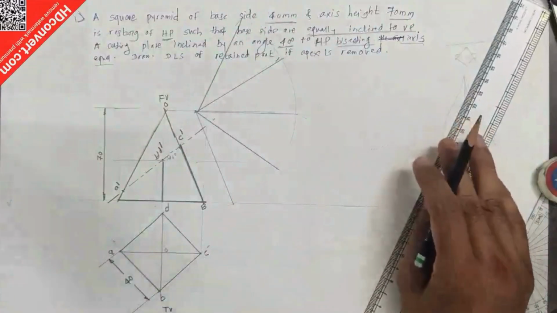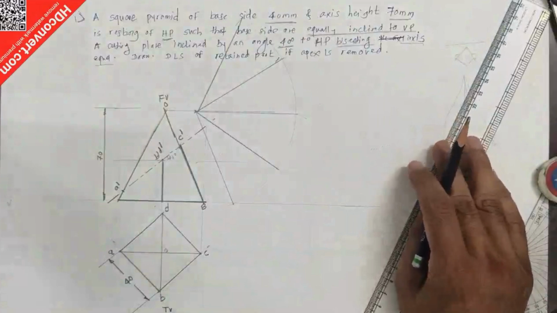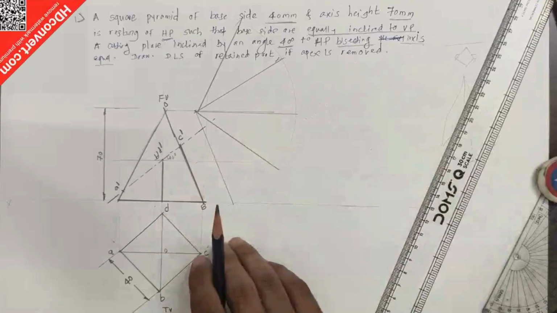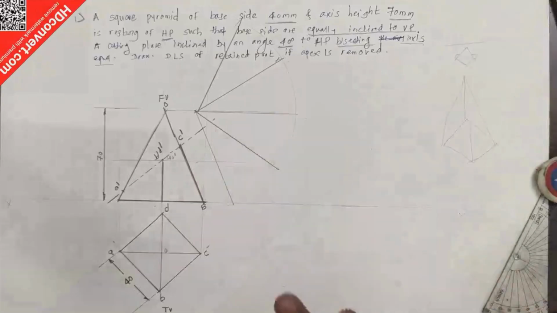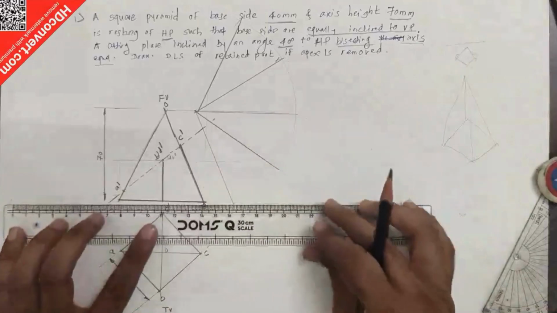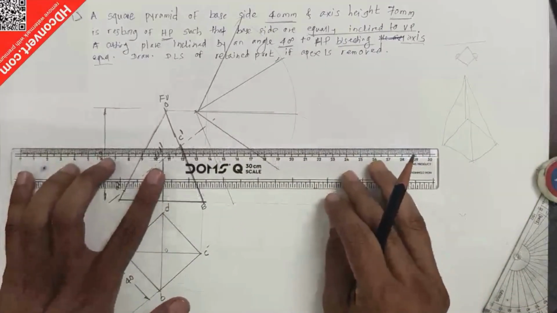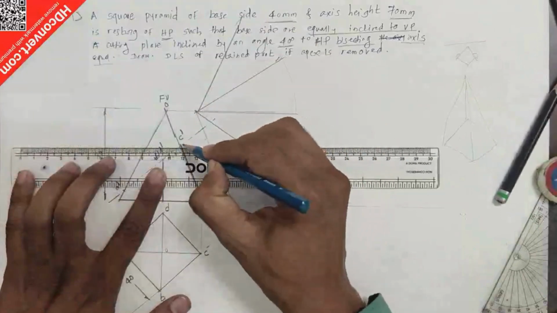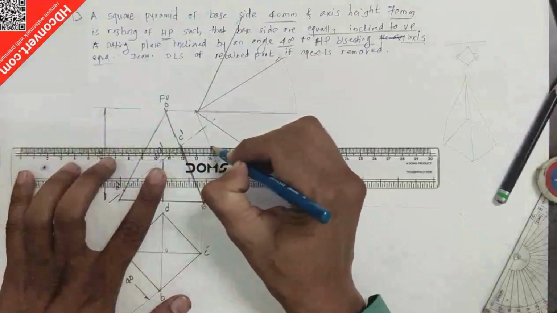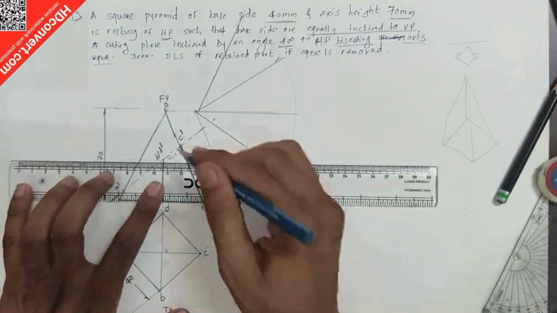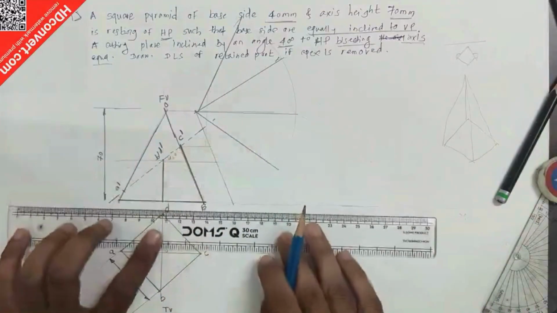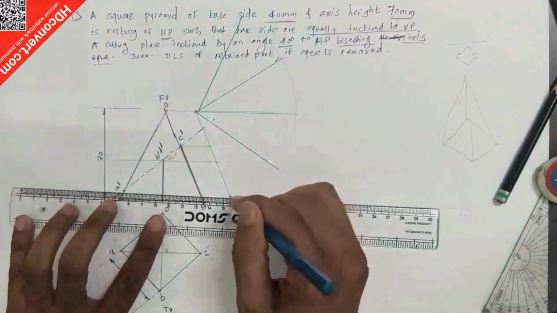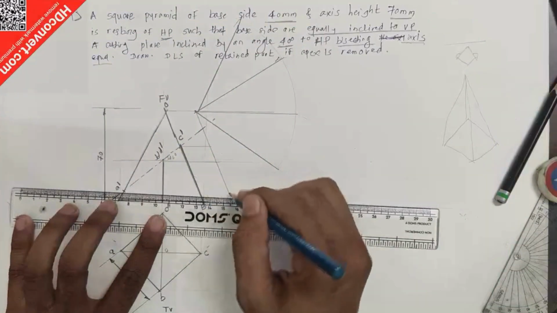But we have to draw the development of the retained part. For that, wherever it cuts, for making projections, draw straight lines parallel to the XY line up to this.